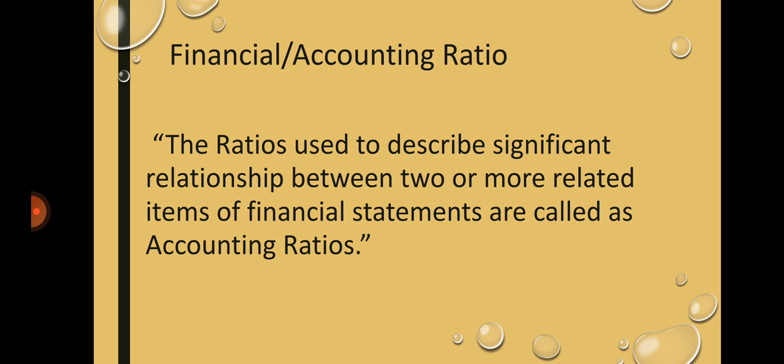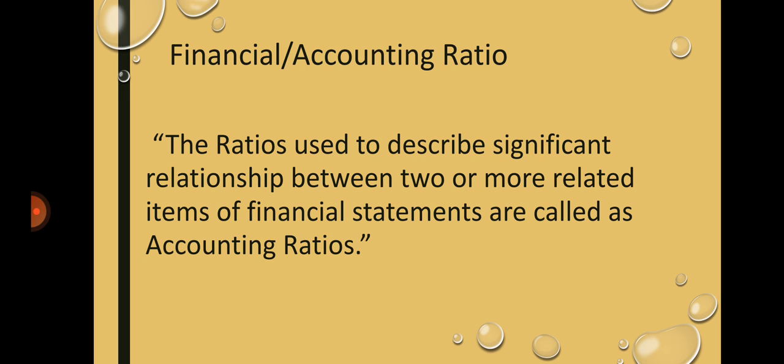Now, what do we mean by financial ratio? As I said, financial ratio is one of the important and powerful tools used for measuring the financial soundness and performance of a firm. Let us understand what we mean by financial or accounting ratios.